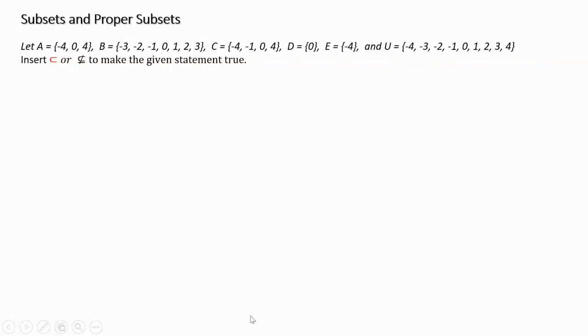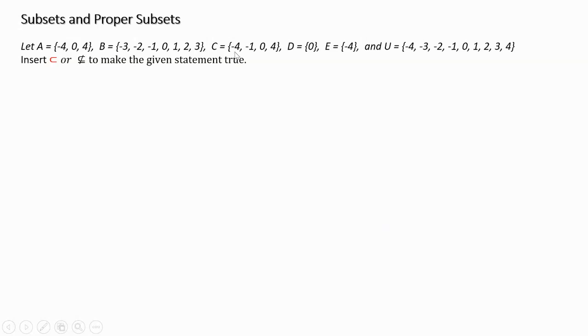Let's move on. Okay, now this is also from, I believe, the homework. It states, let set A equal the set containing -4, 0, and 4. And set B contains the elements -3, -2, -1, 0, 1, 2, and 3.